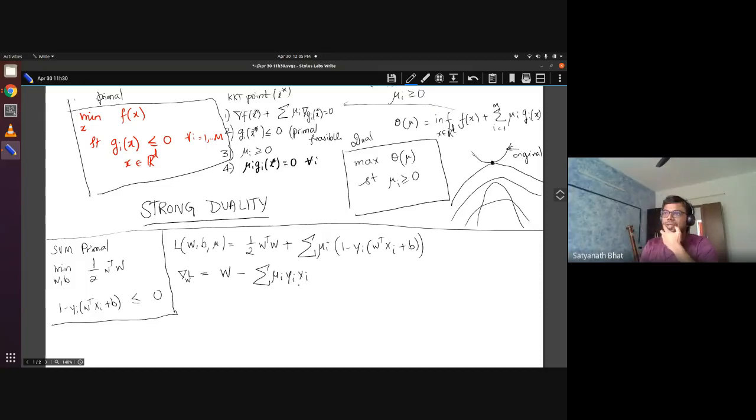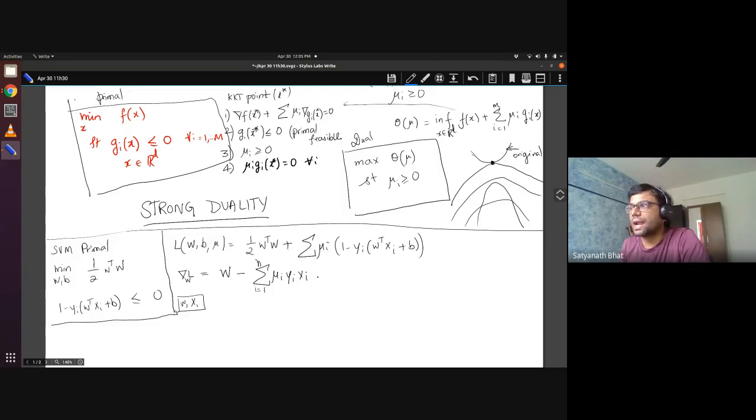Here it is important that we understand W is a vector. This is i going from 1 to n data points that we have. W and xi are vectors. I hope you can understand.